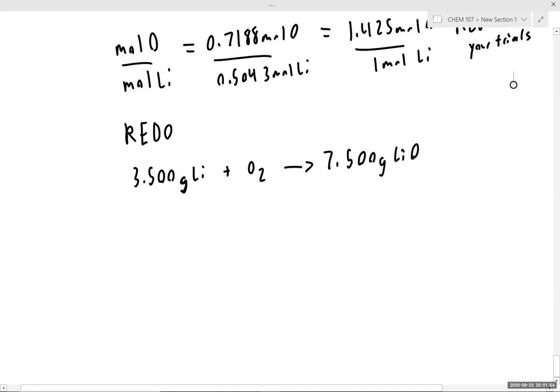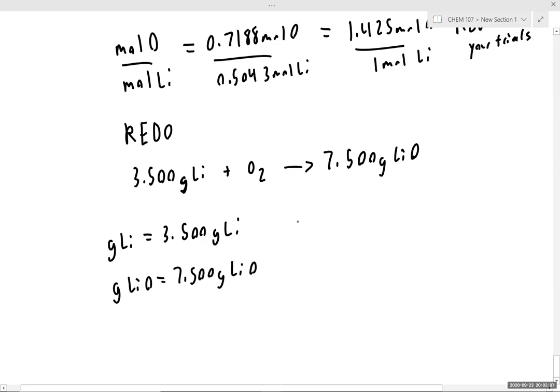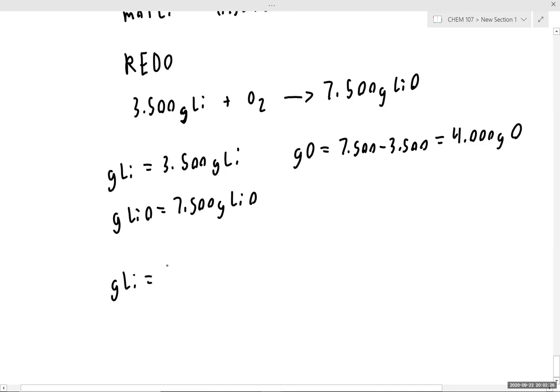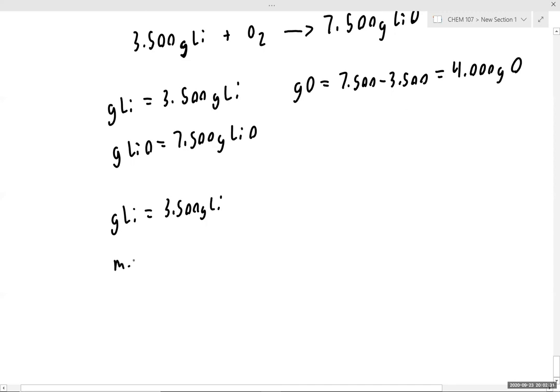So when they redid the experiment, we know our grams of lithium is 3.500 grams. Our grams of lithium oxide is 7.500. And so our grams of oxygen in the second trial would be 7.500 minus 3.500, which gives us 4.000 grams of oxygen.